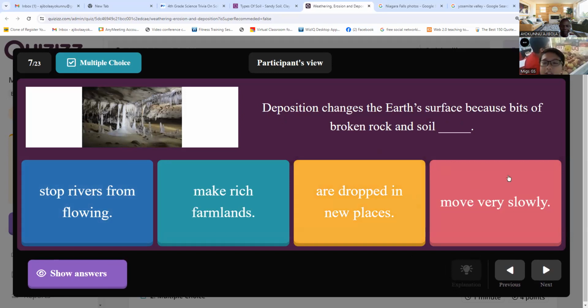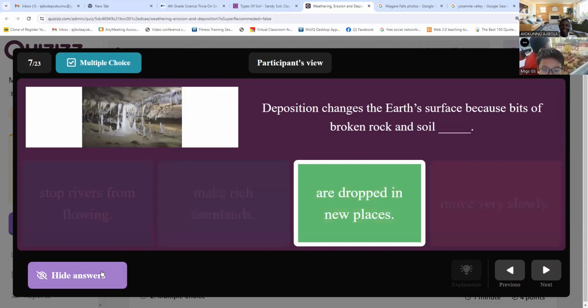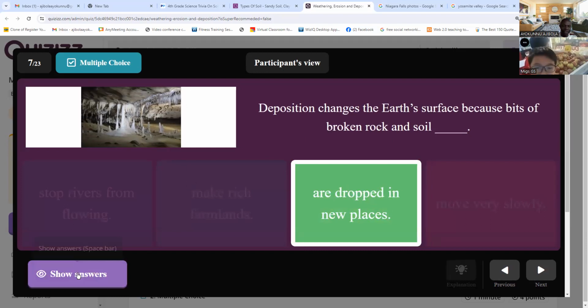Deposition changes the Earth's surface because bits of broken rock and soil. The choices are stop rivers from flowing, make rich farmlands, are dropped in new places, move very slowly. So the answer is are dropped in new places. That is correct. You can see the way the questions are related now.